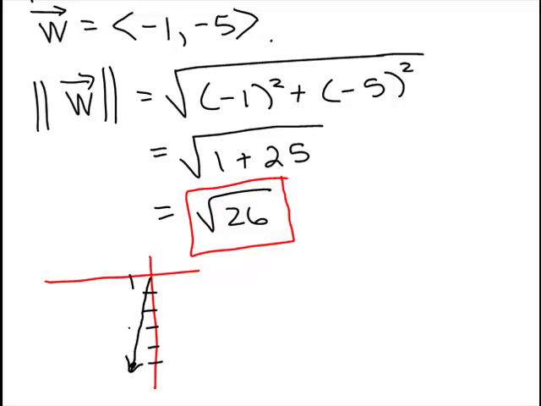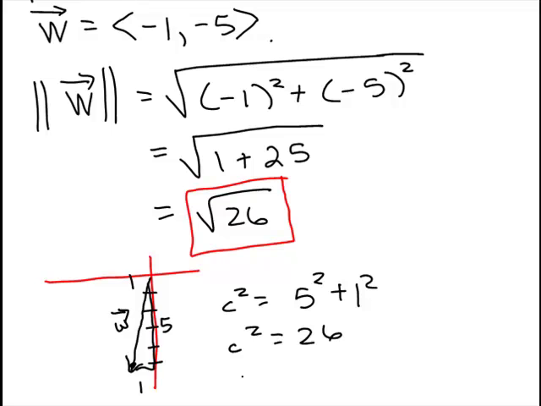That's one way of drawing vector W. And if I just put the lengths here, that's only 5 units and that's 1 unit. And if you thought of that as finding that length c, you would have written c squared as 5 squared plus 1 squared, which is 25 plus 1, 26. c is the square root of 26.